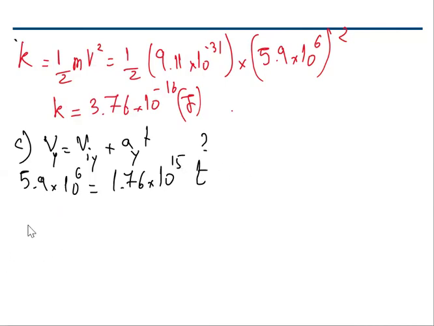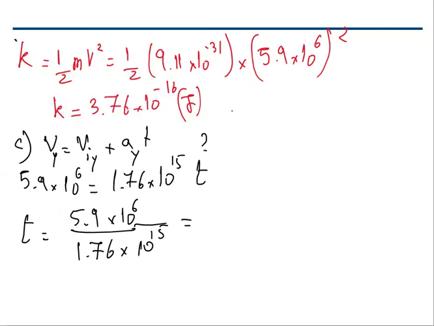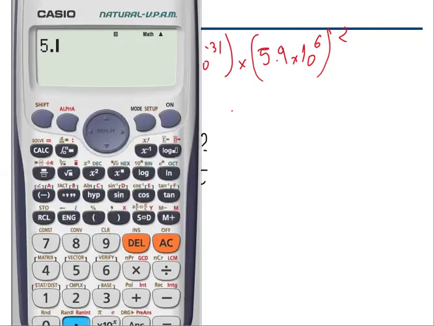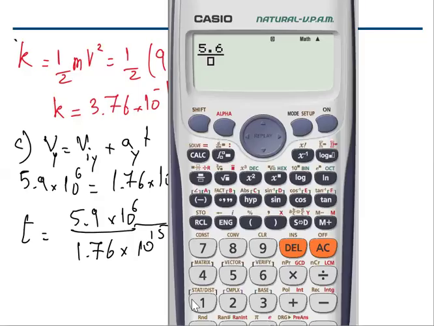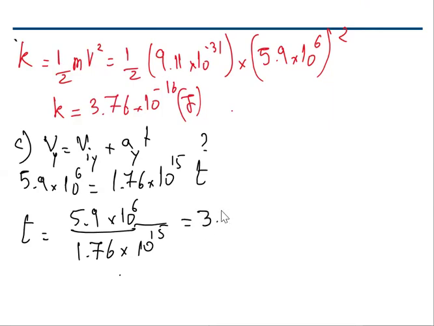We are asking about the time. So our time will be 5.9 times 10^6 divided by 1.76 times 10^15. So the result is 3.18 times 10^-9 seconds.